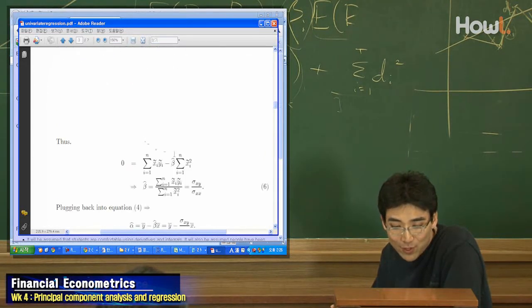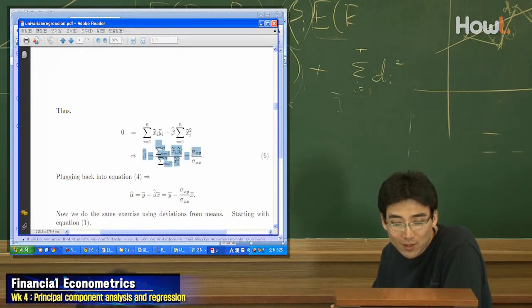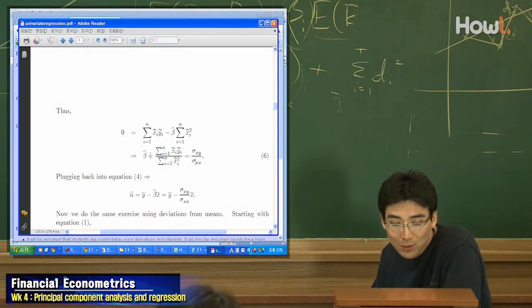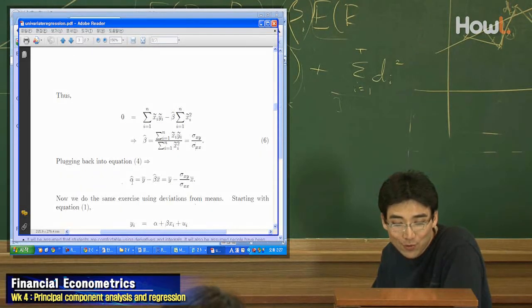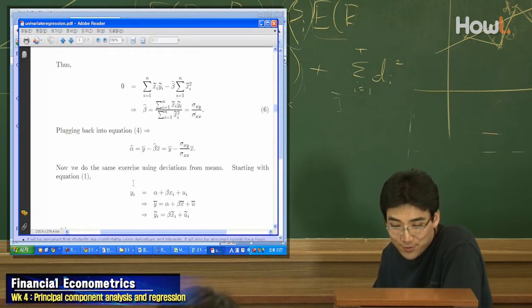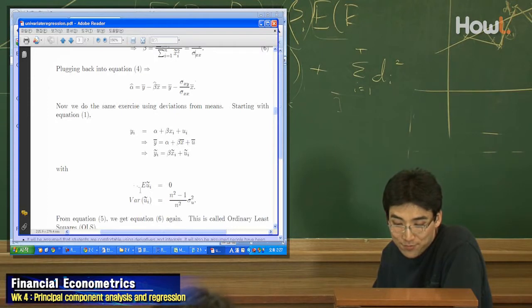Therefore, we have this item, so we can solve for beta. And once we get beta, which is simply the ratio between covariance and variance, we can plug this beta into equation 4, and we can get alpha. Therefore, we can get alpha and beta. Any question?